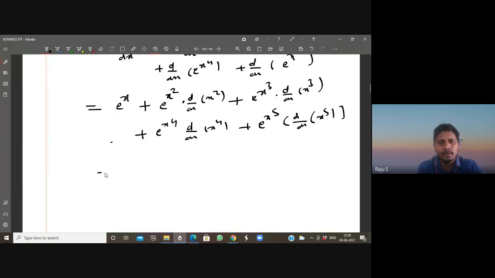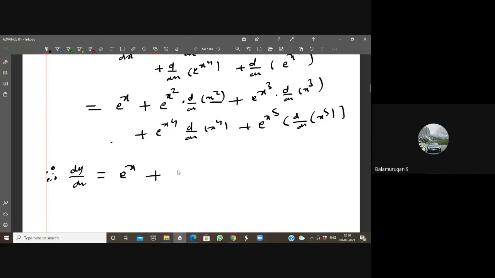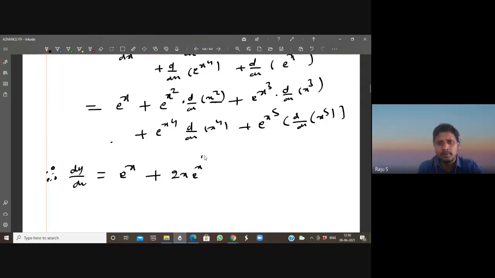Finally, dy by dx is equal to the derivative, e power x. Student, can you tell me what is the x square derivative? 2x. 2x into e power x square.